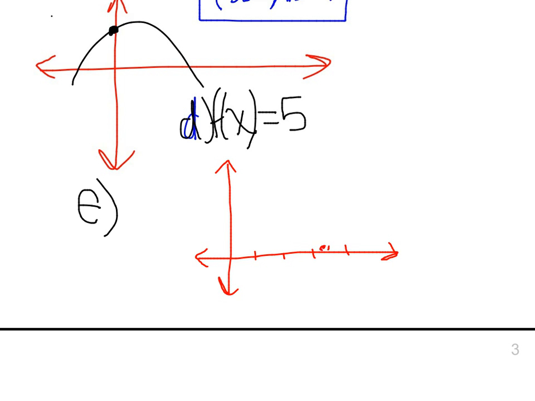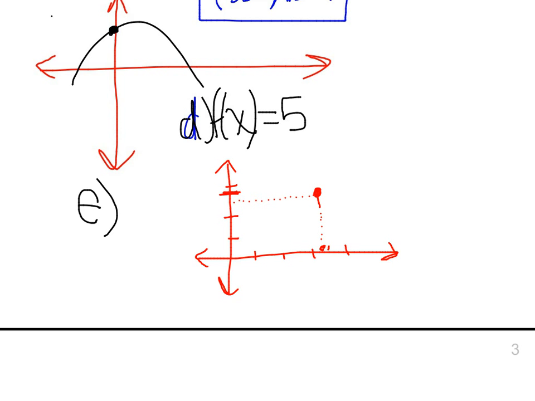Let's say about right there, so that we know we're going to have to go up from there. And then 13 and a third, let's say we go by 5s: 5, 10, 15. That's going to be around here. Alright, so there's our vertex.